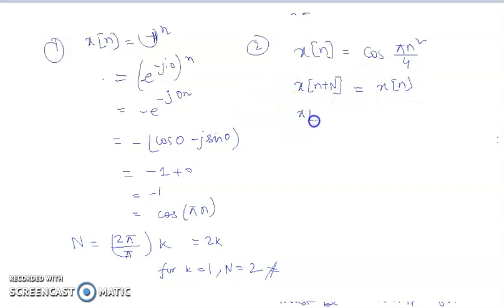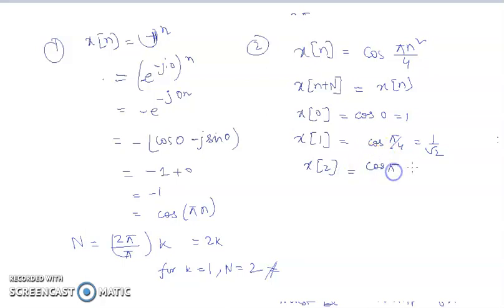So if we put x0, then cos 0 equal to 1, x1 is equal to cos pi by 4 equal to 1 by root 2, x2 is equal to cos pi is equal to minus 1, x3 equal to cos 9 pi by 4, equal to what we don't know. x4 is cos 4 pi equal to 1.